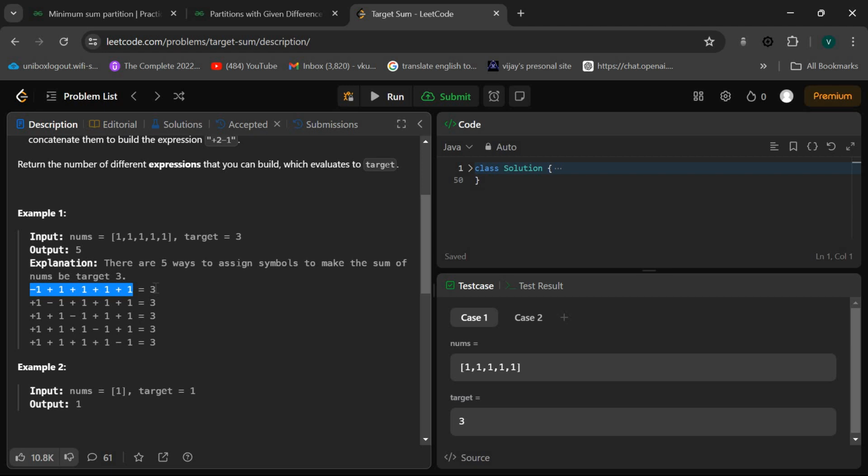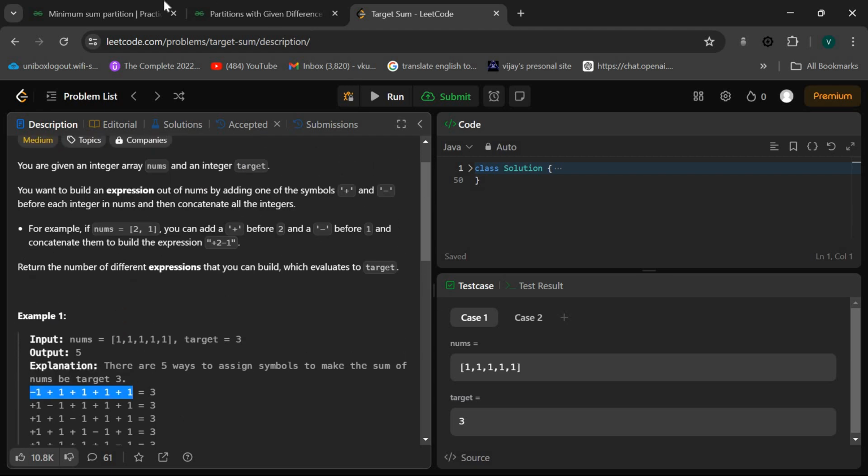We have to return that count. That's why 1 2 3 4 5, we can write plus or minus in 5 places so that we will get this 3. I hope you understand the question.